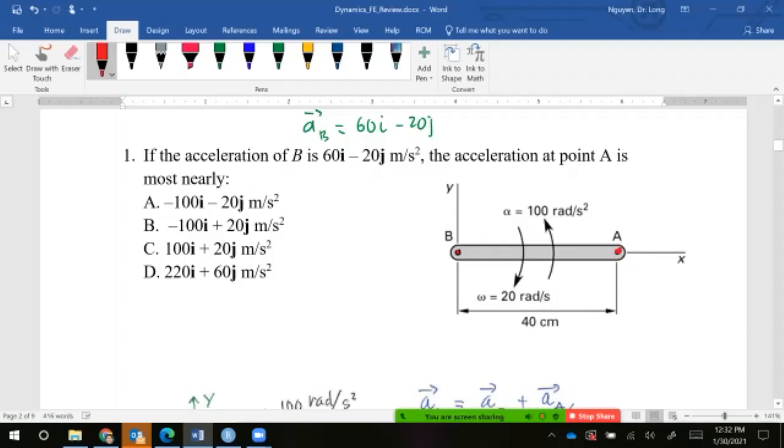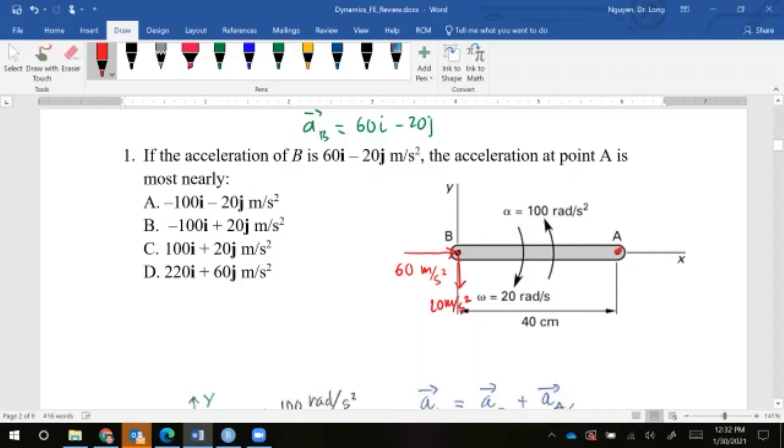That is the x component here, 60 meters per second squared. And the y component is negative 20. j is positive y going up, in this case negative, so going down 20 meters per second squared.